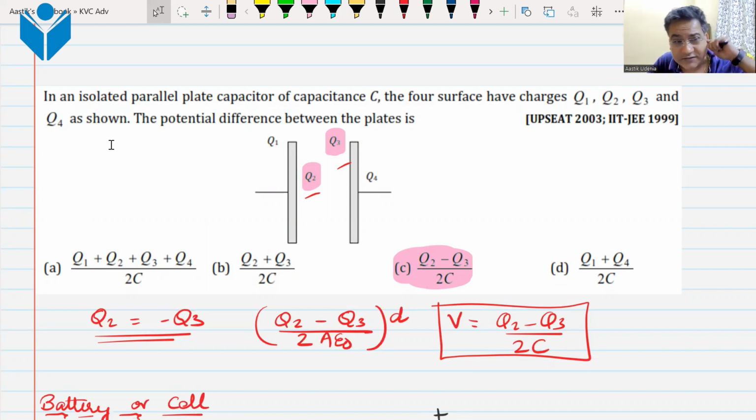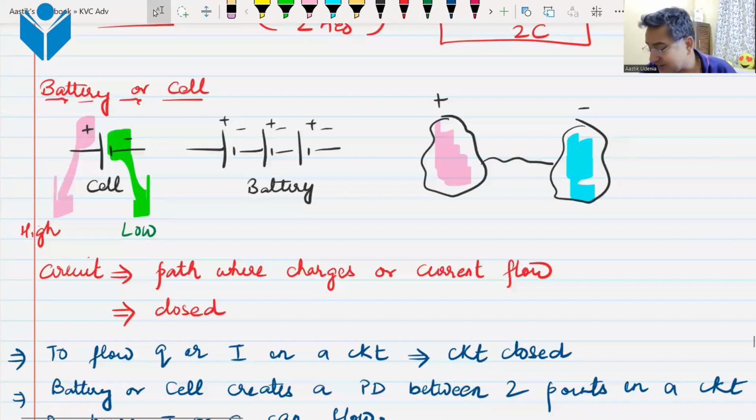We have also seen what do you mean by a battery or a cell. A battery or a cell, in a circuit, provides the potential difference so that charges can flow. Charges can only flow when there is a potential difference. Charges can only flow when there is a closed circuit. So when the circuit is closed, we need a battery or a cell which gives you the potential difference.